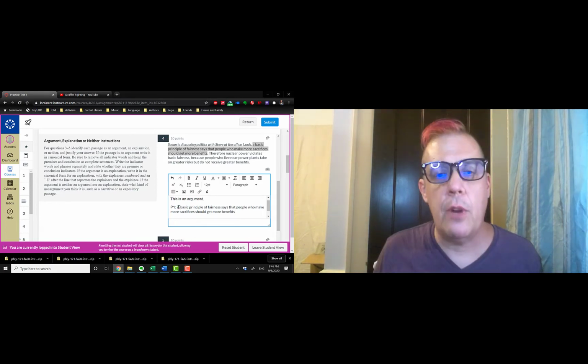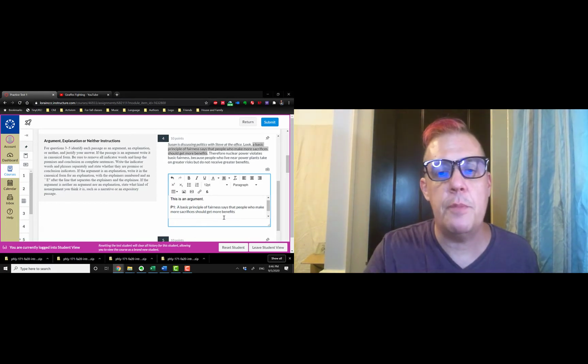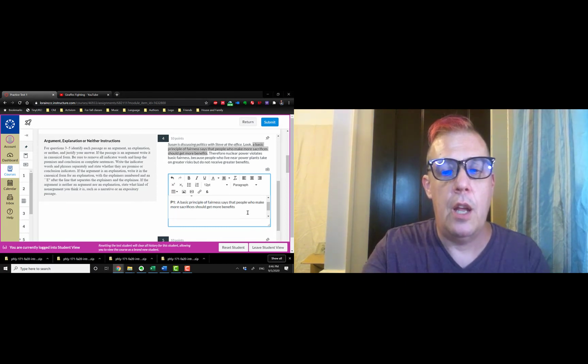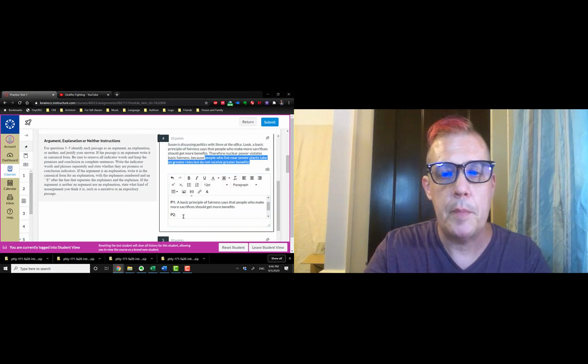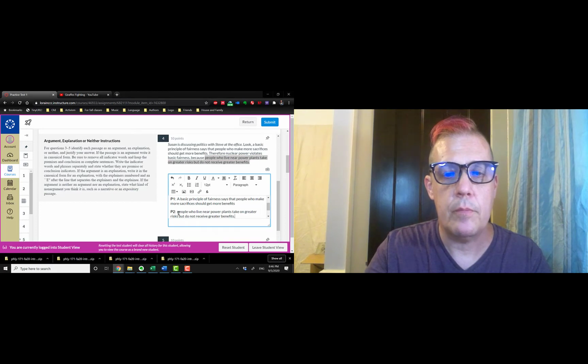Right? And if I had to write this out by hand, I might paraphrase, but since it's on the computer, I can cut and paste. That makes it quicker. And then P2, people who live near nuclear power plants take on greater risks but do not receive greater benefits. Copy. Paste. And there you go.